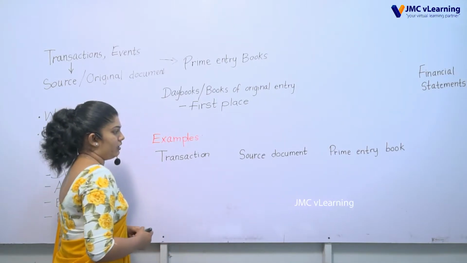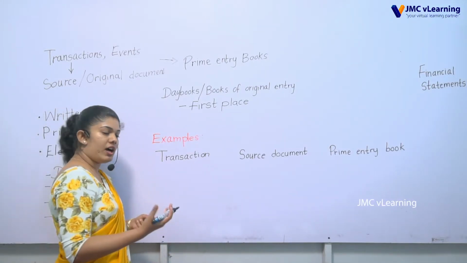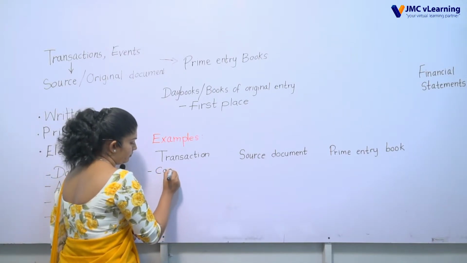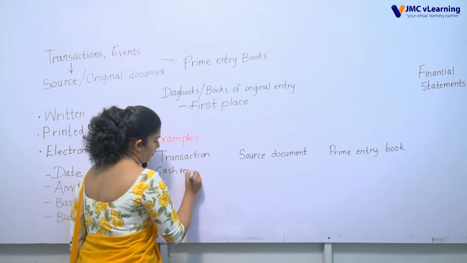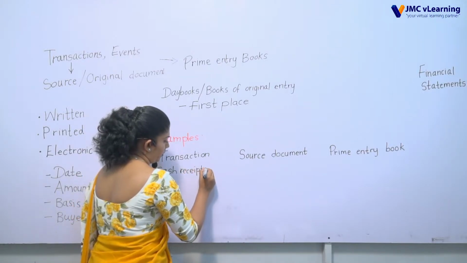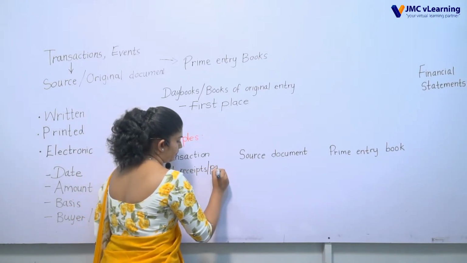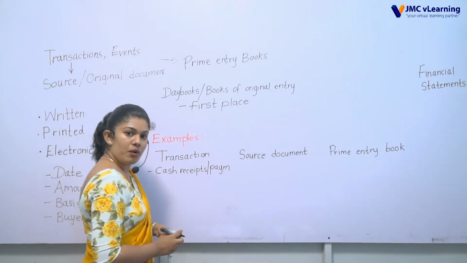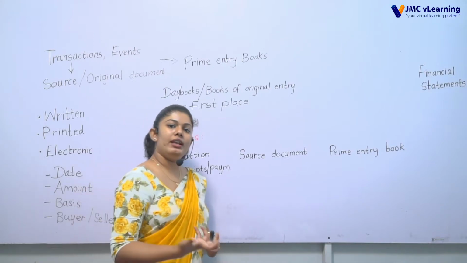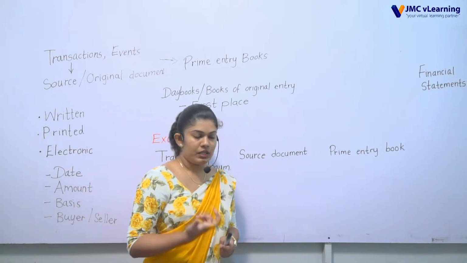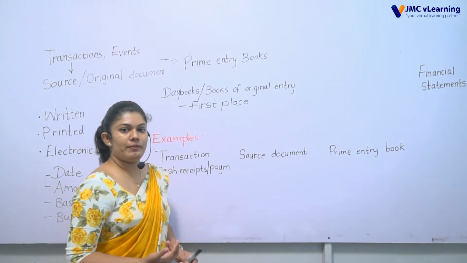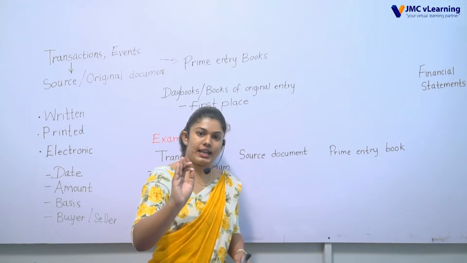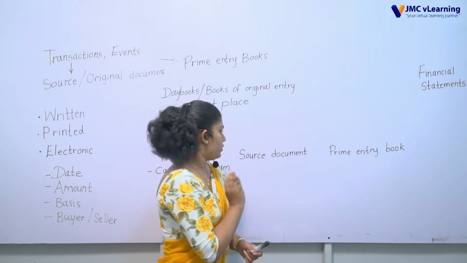Transaction. The very familiar, very common transaction is cash receipts or payments. Cash receipts or payments are very familiar transactions for us. So, the source document, the origin of this transaction, is in this source document.